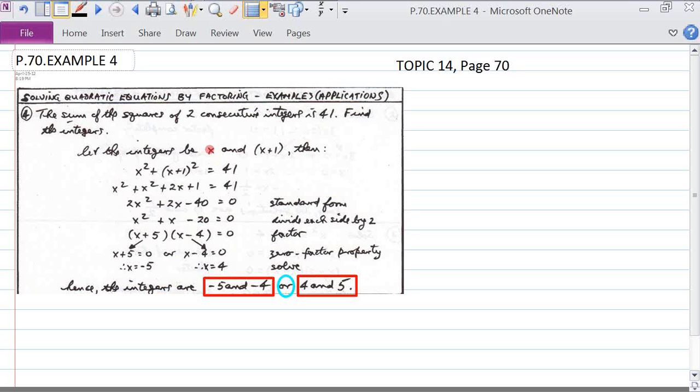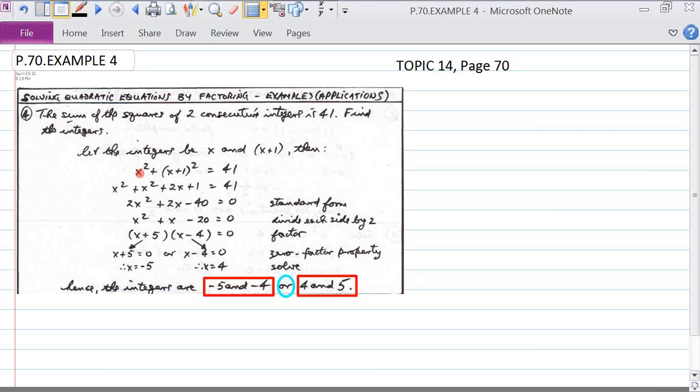So if we identify the first integer as x, then the second integer, the consecutive one, is x plus 1.